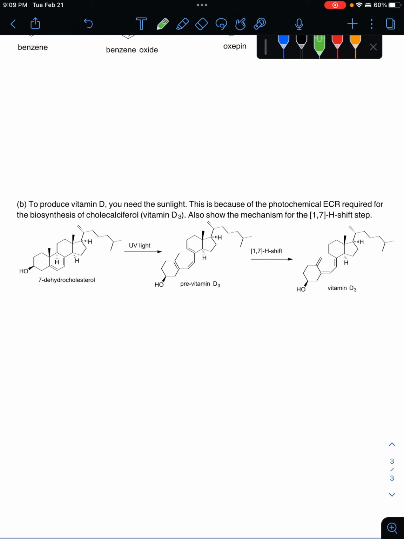So maybe I'll add that in here, 6-pi. Okay, and then this is going to happen with UV light, which means that in this product that we see, there's going to be 6-pi electrons, so 6-pi molecular orbitals.